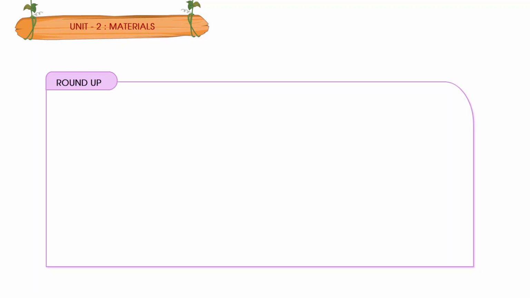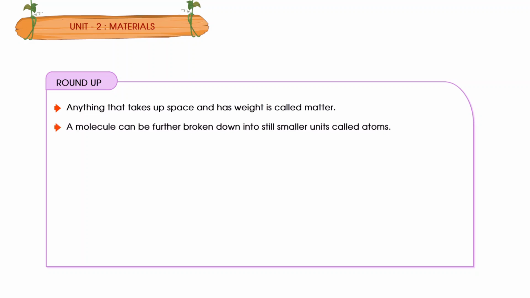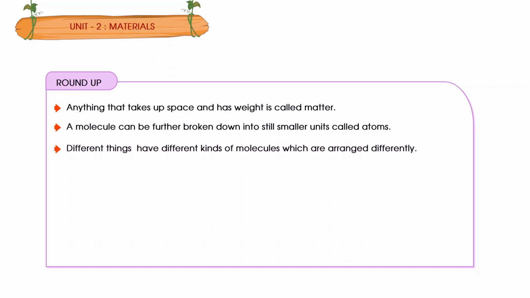Round up. Anything that takes up space and has weight is called matter. A molecule can be further broken down into still smaller units called atoms. Different things have different kinds of molecules, which are arranged differently.